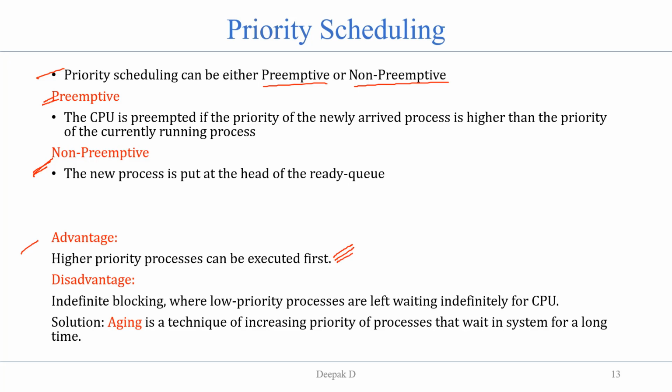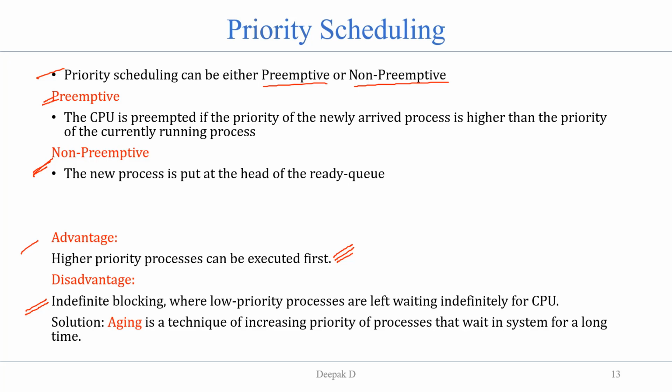But the major problem with the priority scheduling algorithm is indefinite blocking or starvation. A process that is ready to run but is waiting for the CPU can be considered blocked. The priority scheduling algorithm can leave some lower priority processes waiting indefinitely.